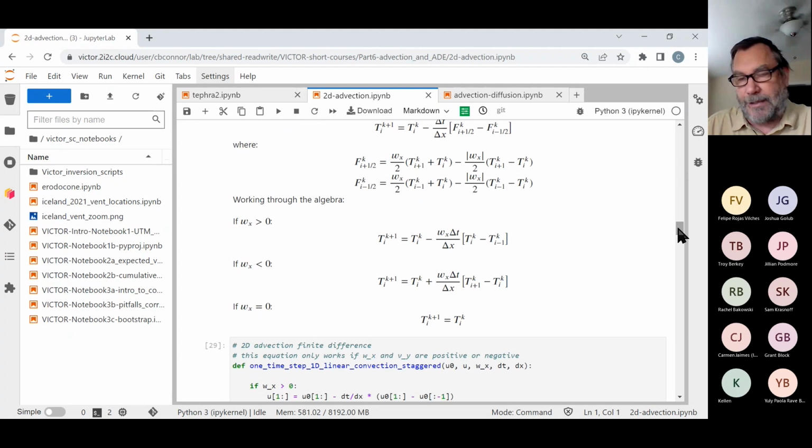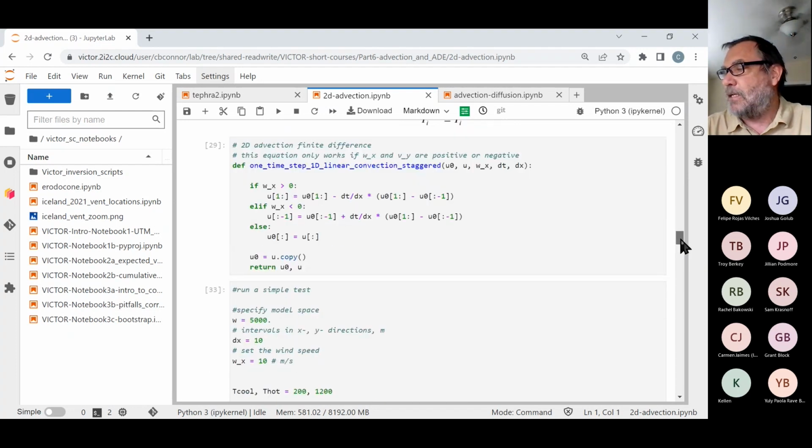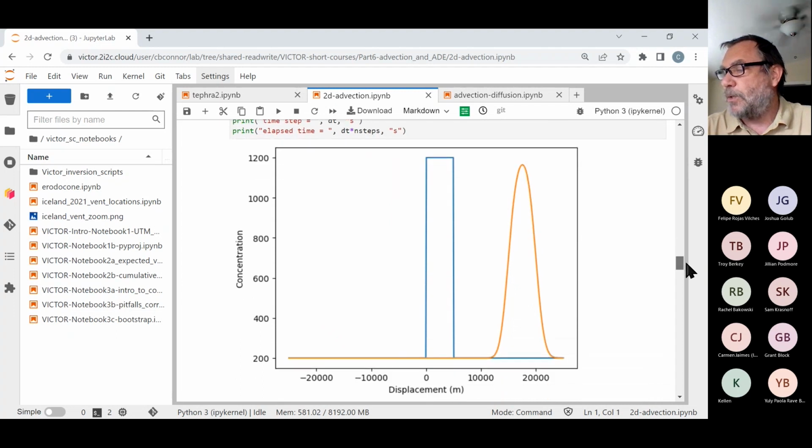Because I'm looking at it in increments of x and increments of t, I'm going to get diffusion of heat or mass away from the perfectly advected form. So in this case, it's basically an unwanted characteristic.